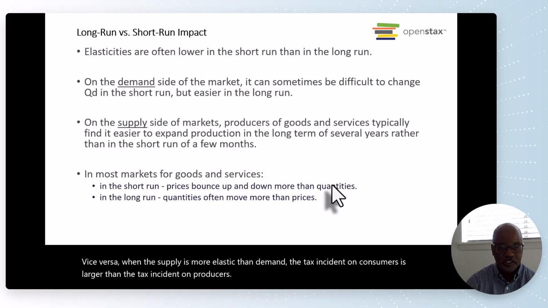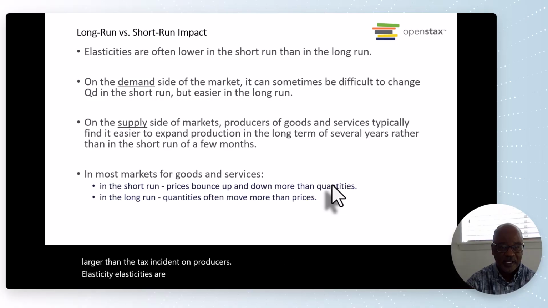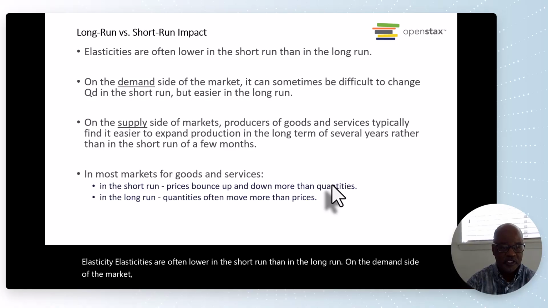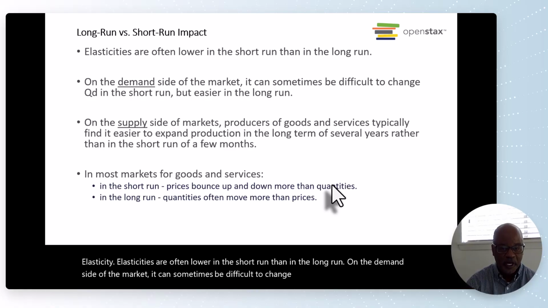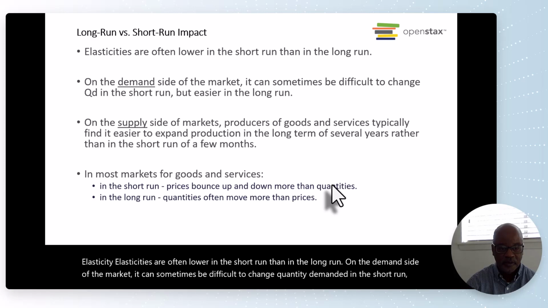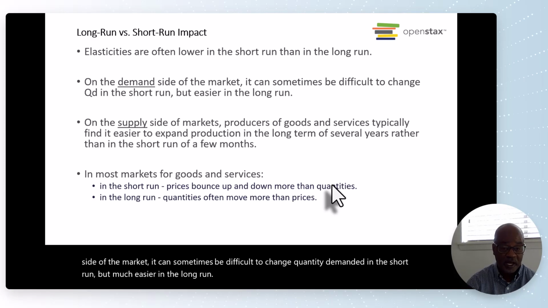Elasticities are often lower in the short run than in the long run. On the demand side of the market, it can sometimes be difficult to change quantity demanded in the short run, but much easier in the long run.